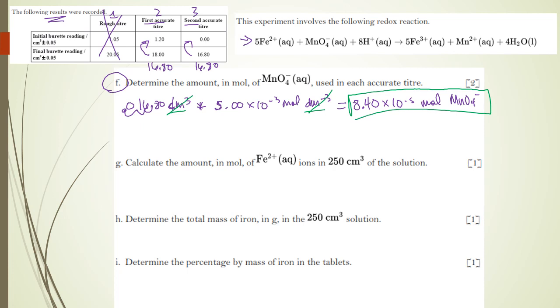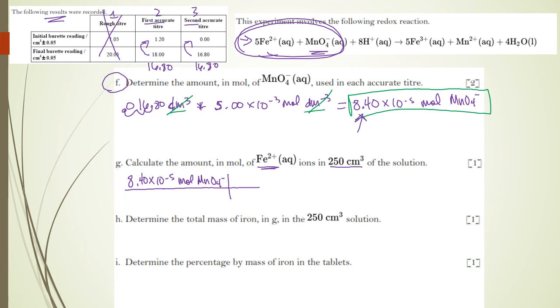Next, I want to figure out how many moles of iron we used in the 250 cubic centimeter solution. So I'm going to start by using my mole ratios. So 8.40 times 10 to the minus 5 moles of MnO4- that we found from part F, and then railroad track that.